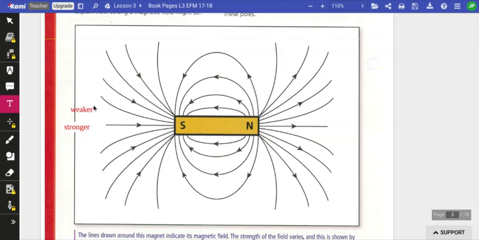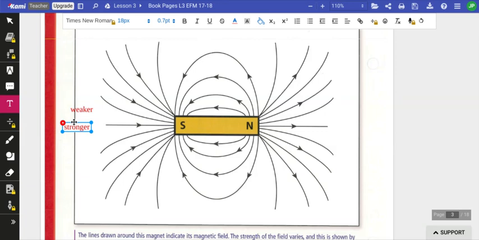When the magnetic field lines are closer together, that means the magnetic force is stronger. As you can see, the magnetic force is strongest on the ends because that's where the lines are closer together. So a bar magnet is strongest on its ends, at its poles.